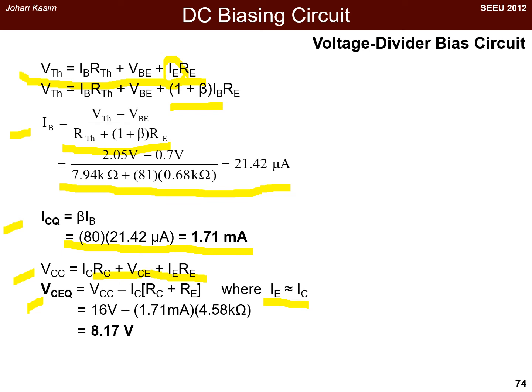Then you can get the voltage VCE equal to 8.17 volt after you put the value. So the Q point is IBQ equal to 21.42 microampere, ICQ equal to 1.71 milliampere, and VCEQ equal to 8.17 volt.